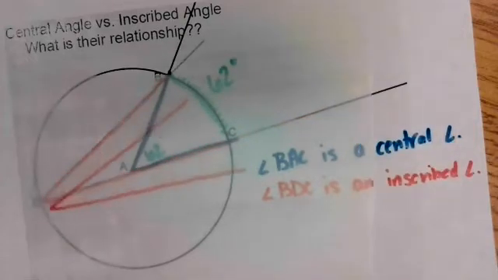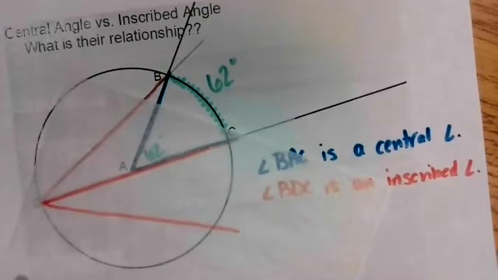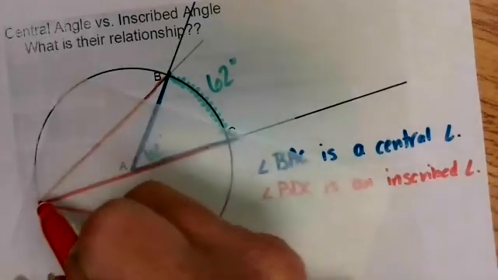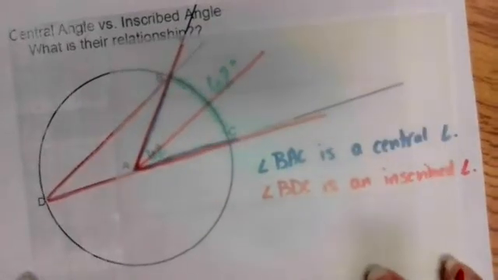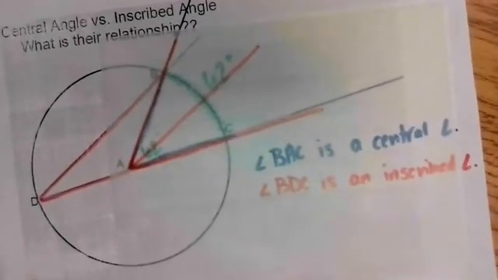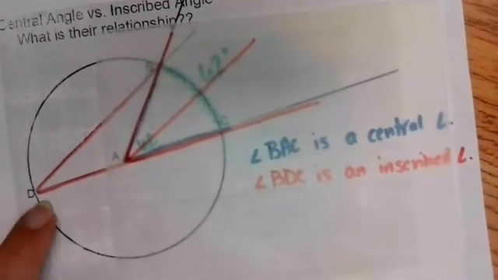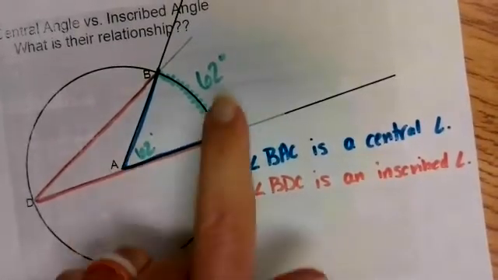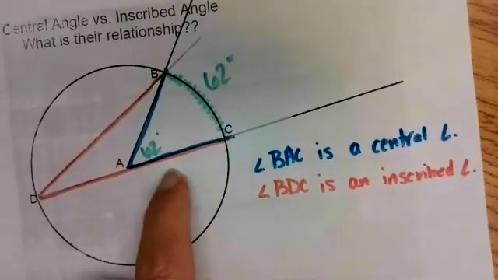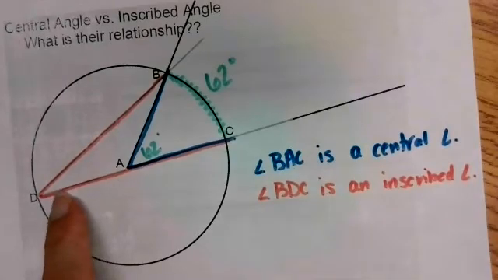Because if I come back down here and make another inscribed angle, it fills in the entire central angle. So inscribed angles form arcs, but they're not the same measurement as the arc. A central angle is the same. The inscribed is going to be half.